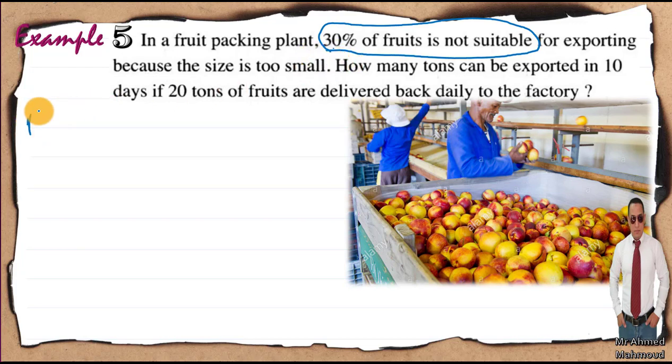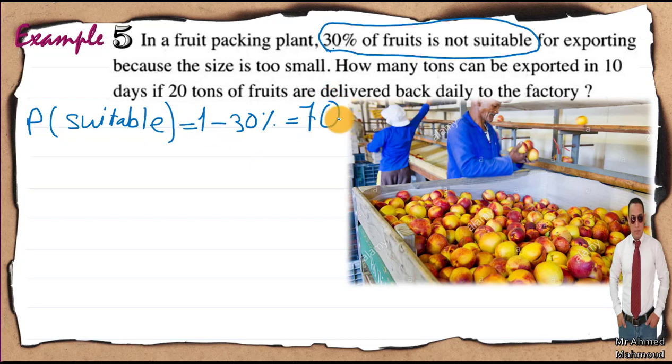Okay, now the probability of the suitable part equal 1 minus 30%, and don't forget 1 is 100%. 100 minus 30 equal 70%.